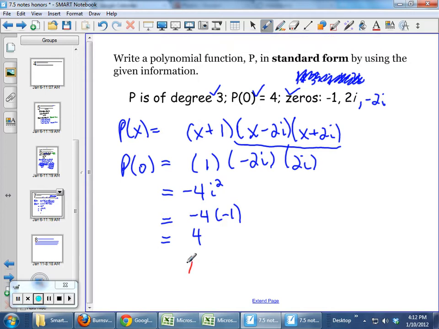We'll have x plus 1. And then when we multiply these, we get x squared minus 2ix plus 2ix, and then minus 4i squared.